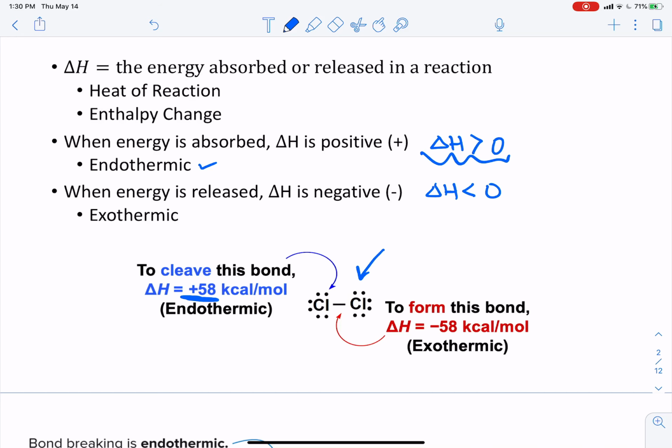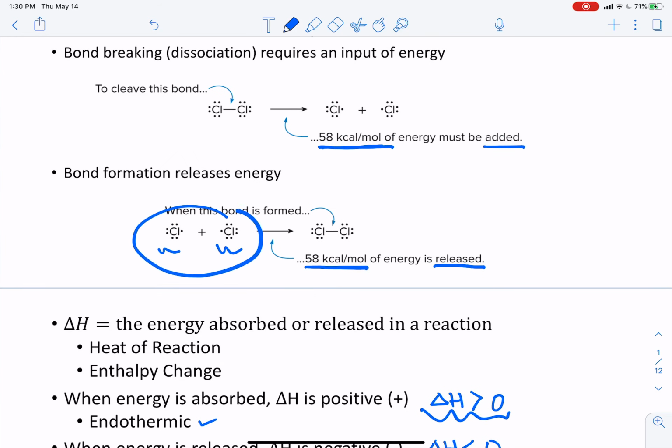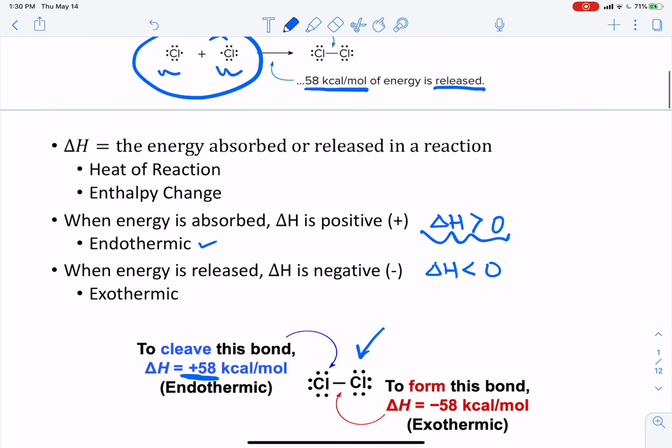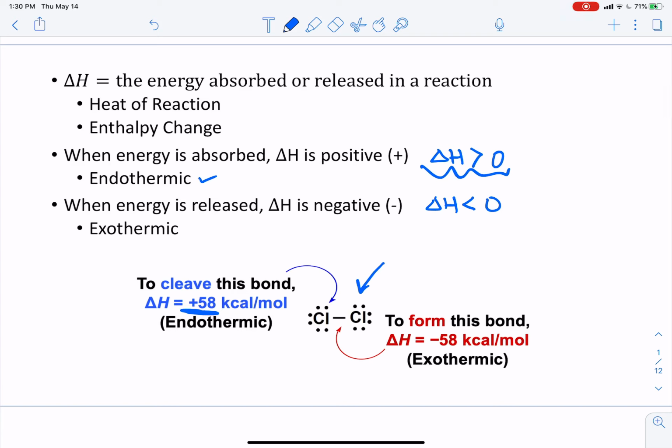And if we make that bond, so if we have 2 Cl's that are floating around both wanting to have an octet, and they find each other and they both say, let's go ahead and share electrons so we can both pretend we have an octet, and that bond forms, 58 kilocalories of energy comes out.